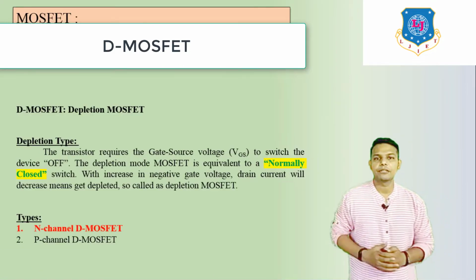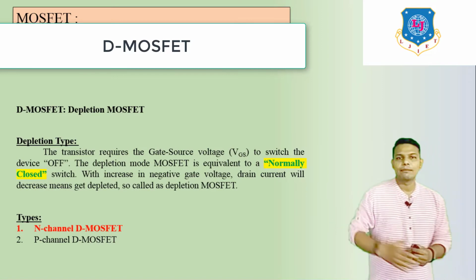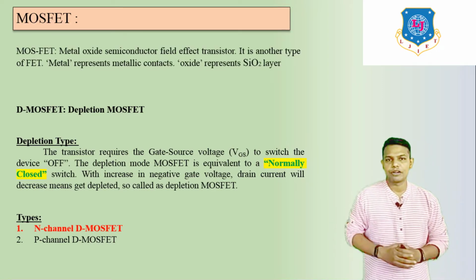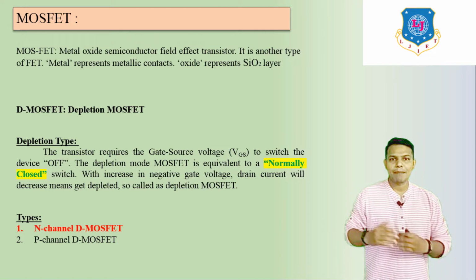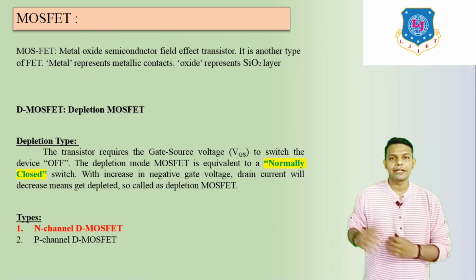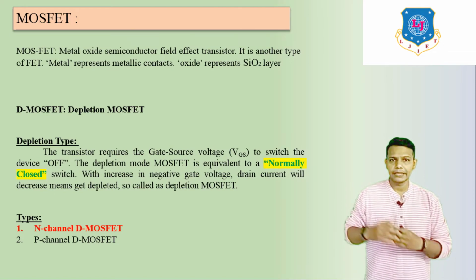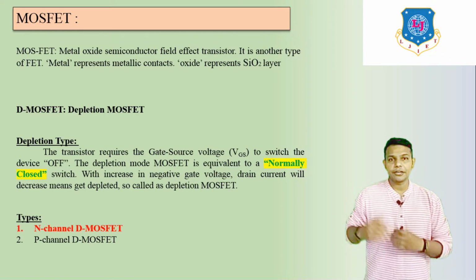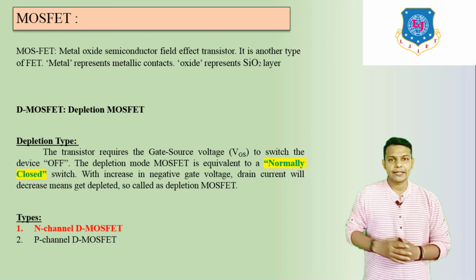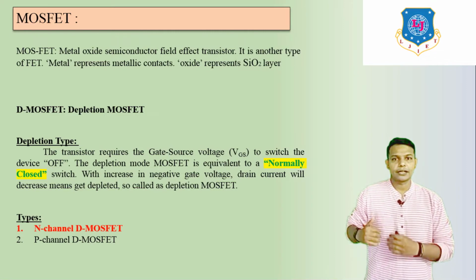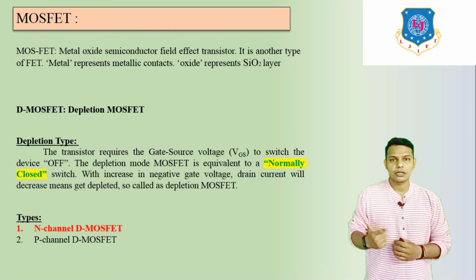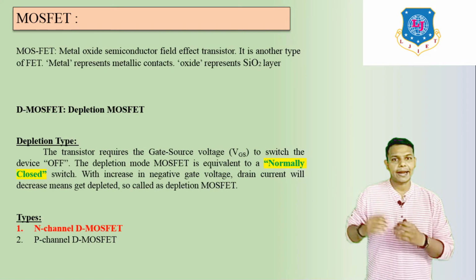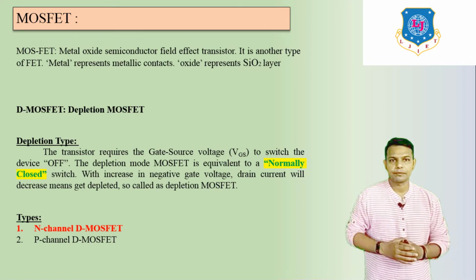So let us start with the basics of D-MOSFET. MOSFET means metal oxide semiconductor field effect transistor. It is another type of FET. Metal represents metallic contacts, which are gate, source and drain, connected at a few points.